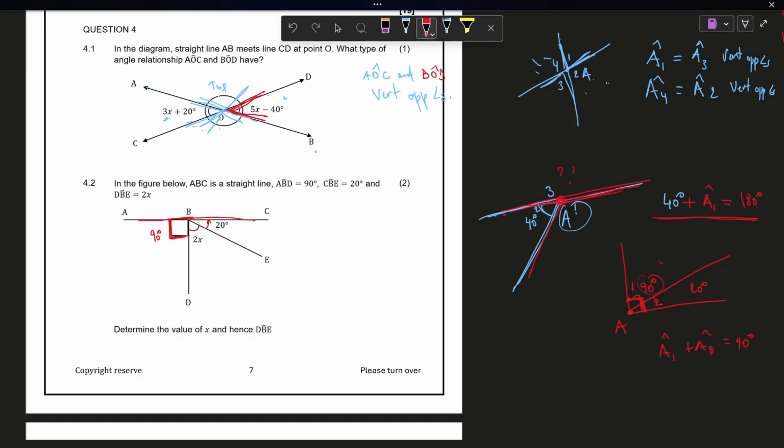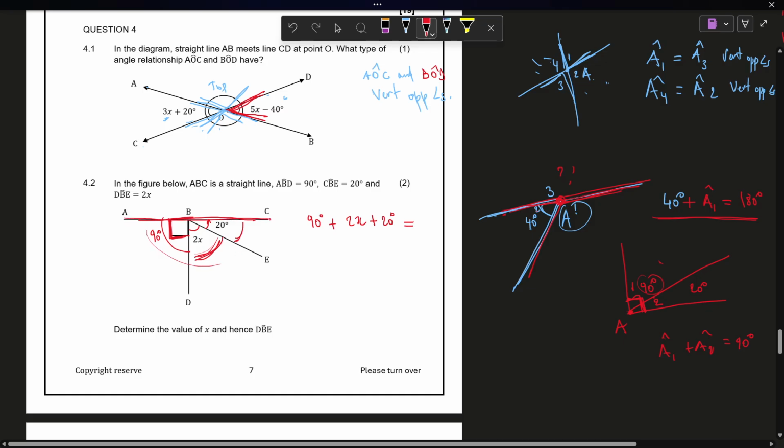Right? So what does it mean? It means 90 degrees plus this one here, I'm done with this one, this one is 2x, plus this one which is given already as 20 degrees. All of them add up to make this straight line, which is 180 degrees.